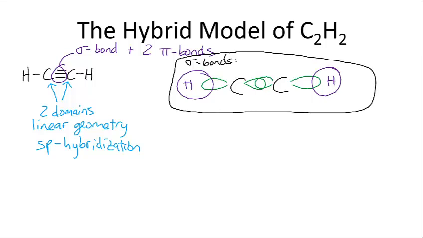And then I can make a drawing of my pi bonds. Now my pi bonds are going to be a little more challenging in this case because my 2 pi bonds have to be perpendicular to each other.